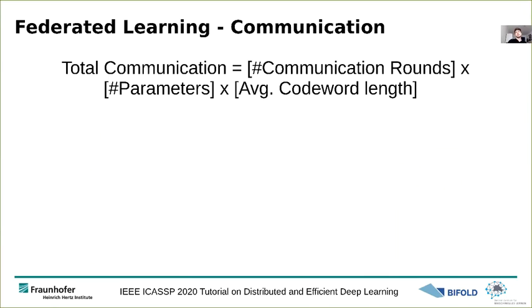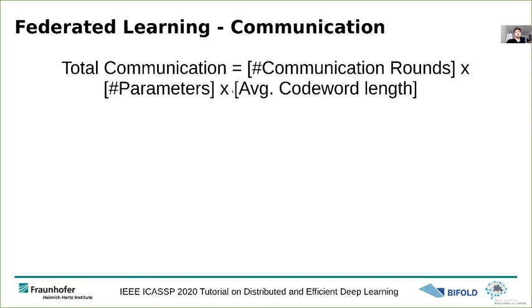And let's maybe take out our calculator and look at a little case study for how much communication there is in total in federated learning. So very simple equation, we just have to multiply the number of communication rounds with the number of parameters in the neural network.